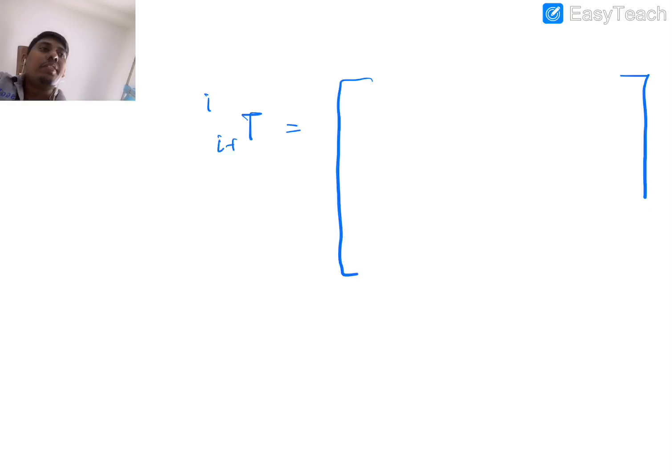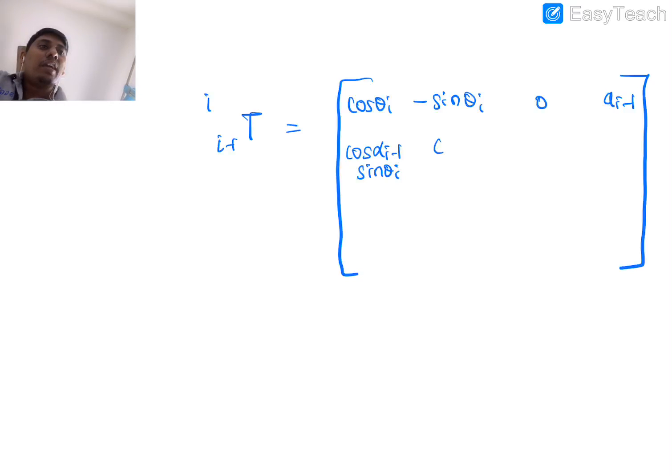So the T from i minus 1 to i is nothing but this: cos theta_i, minus sine theta_i, 0, a_{i-1}; here you get cos alpha_{i-1} sine theta_i, cos alpha_{i-1} cos theta_i, minus sine alpha_{i-1}, minus d_i sine alpha_{i-1}; and sine alpha_{i-1} sine theta_i, sine alpha_{i-1} cos theta_i, cos alpha_{i-1}, d_i cos alpha_{i-1}; and 0 0 0 1.